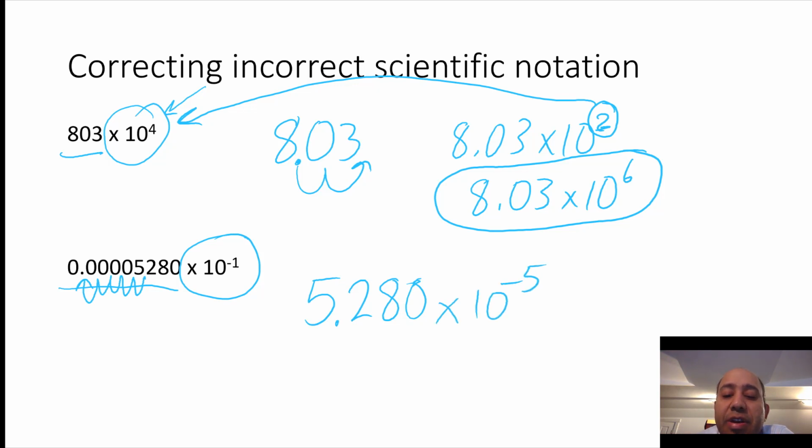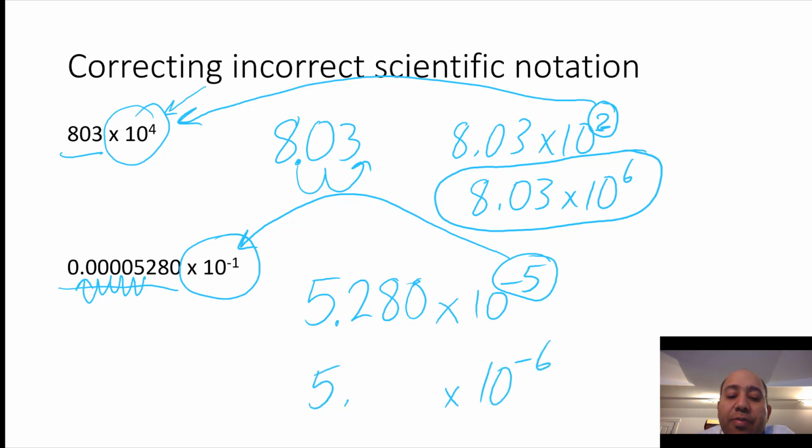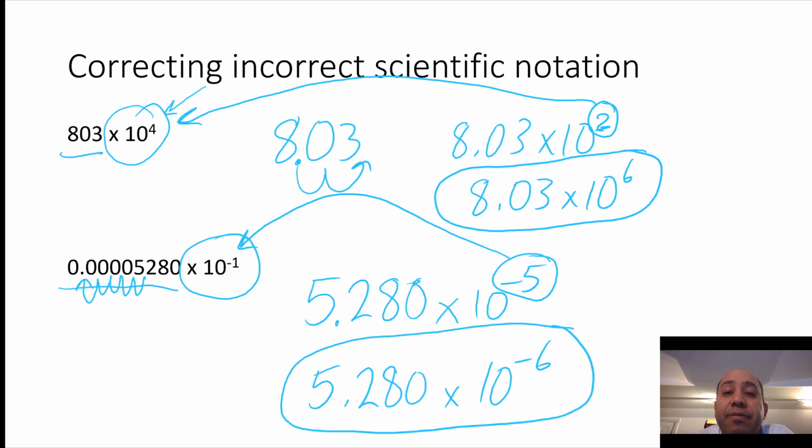Now what you're going to do is you're going to take that new exponent and add it to its original exponent. Negative 5 plus negative 1 is negative 6. So the answer is 5.280 times 10 to the negative 6.